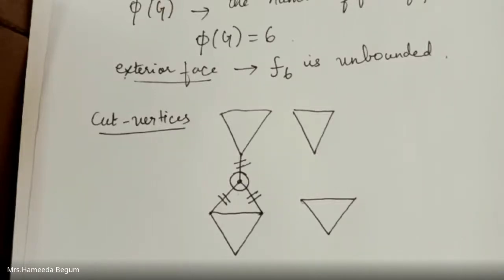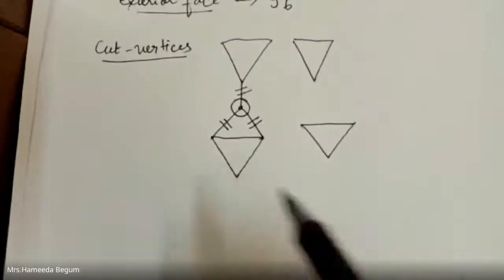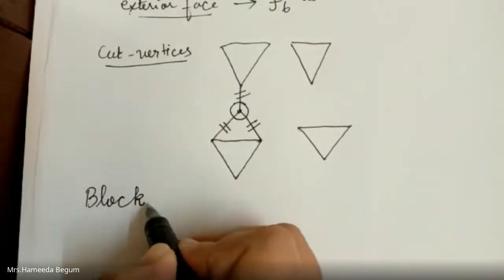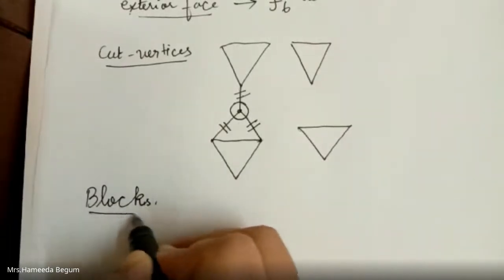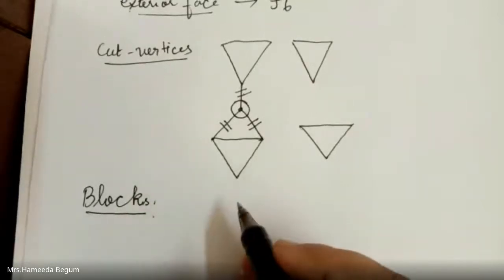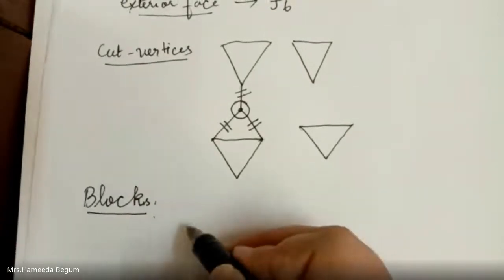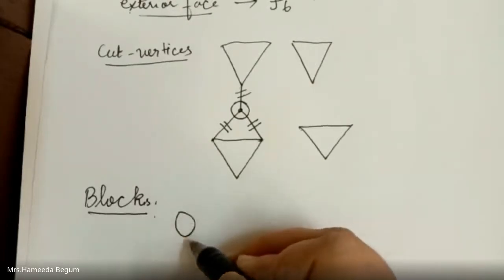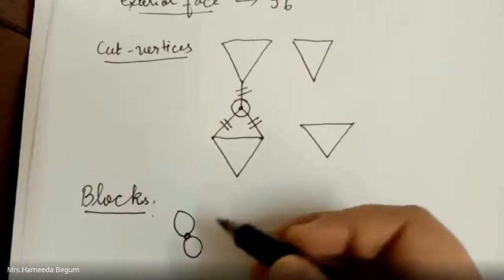For example, now we shall consider the graph G. Let's consider this graph. There is a vertex here. So it's a loop.